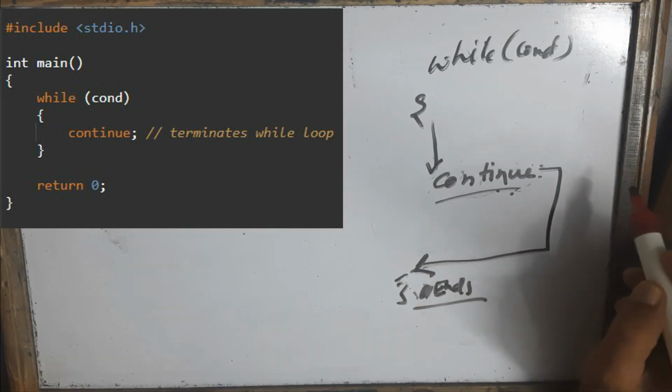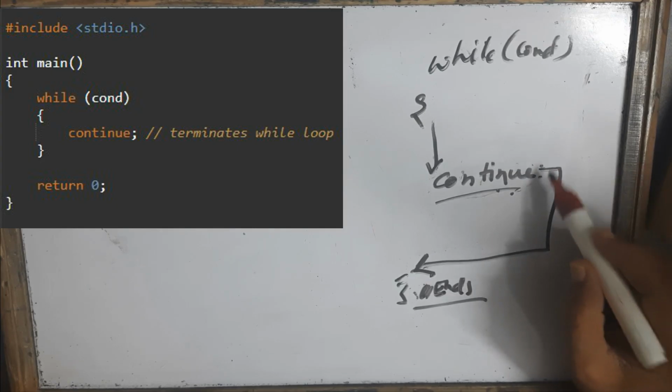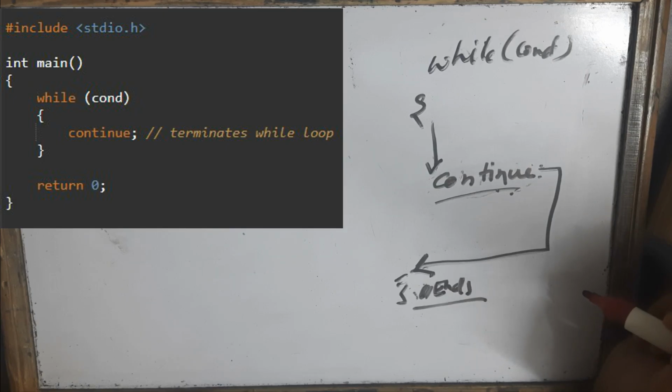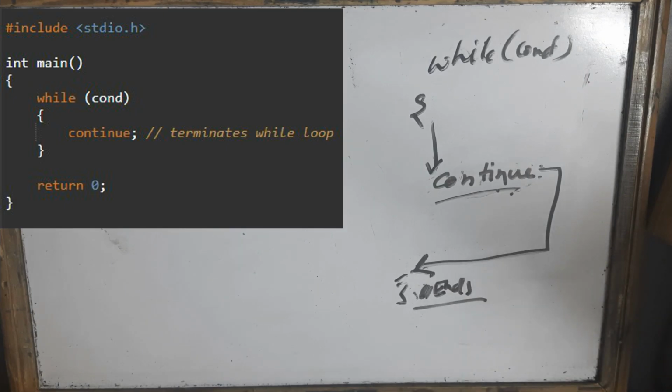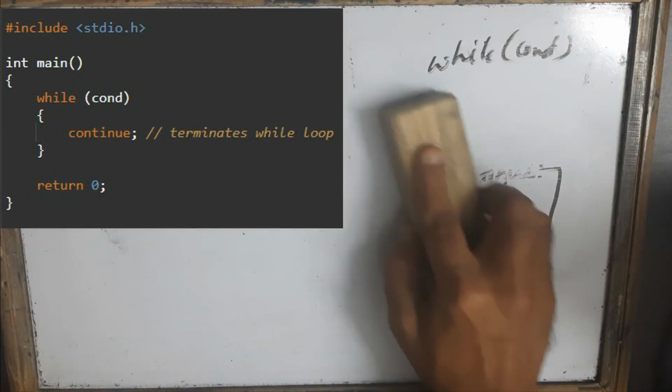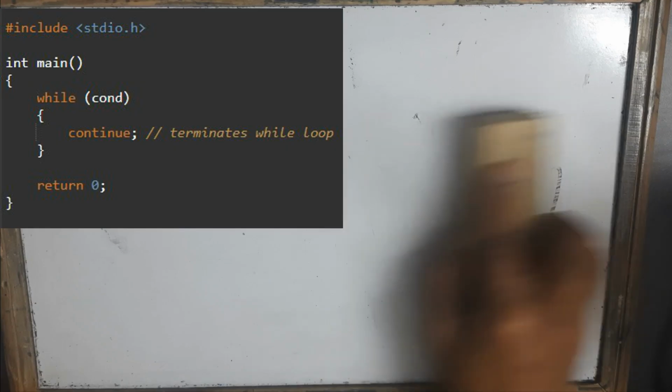So the continue will terminate the loop and it ends. It will not continue for the next iteration. Okay, let's understand all this with an example.